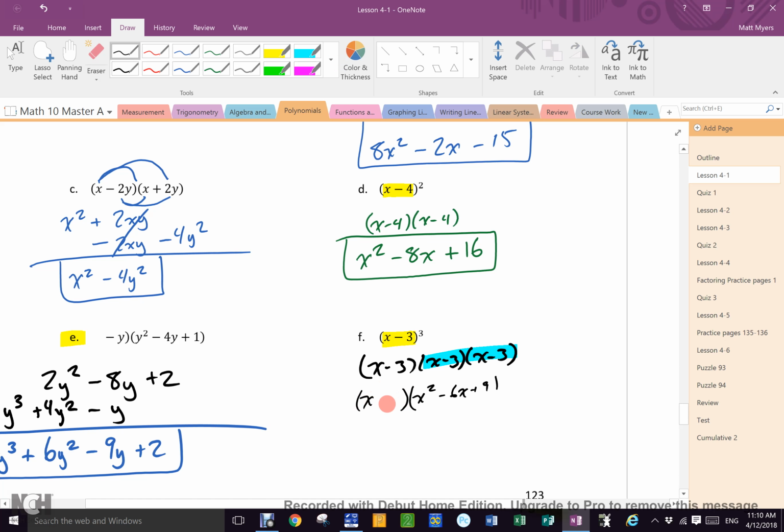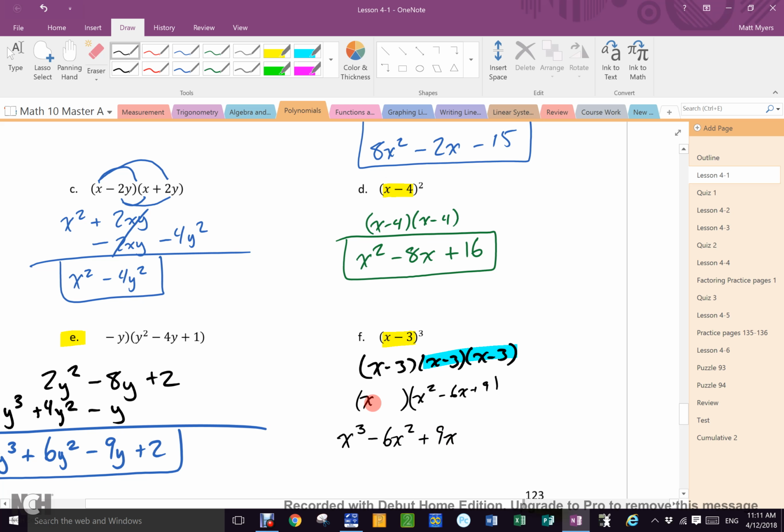What do I do with the x? It's a complicated question, x times x squared. Feel pretty bad asking it. X cubed. Then what?